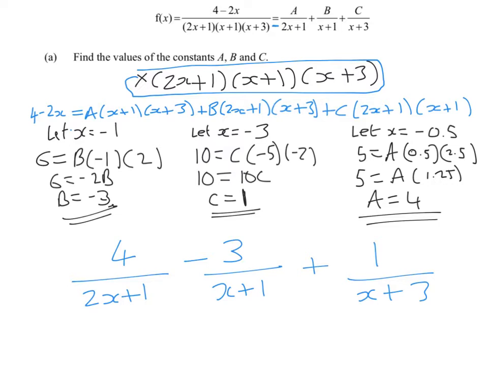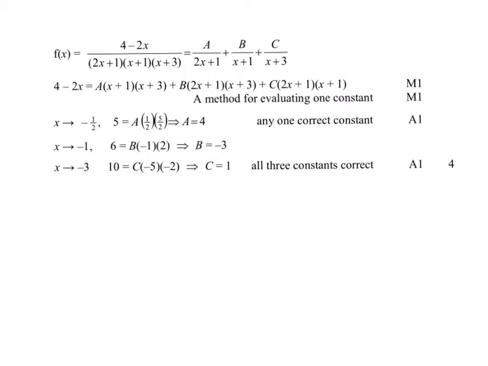Let's actually check. So we've got 4, negative 3 and 1. We can check that against the mark scheme. Here's what you need to do. Yep, A is 4, B is negative 3, and C is 1.